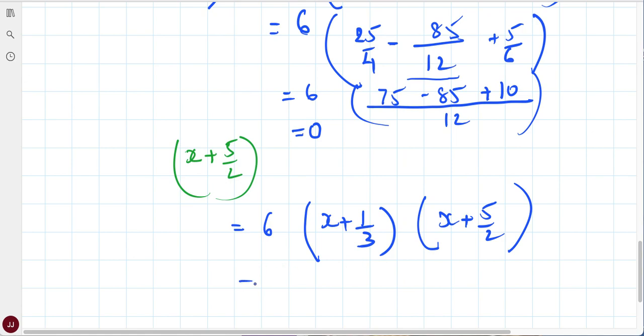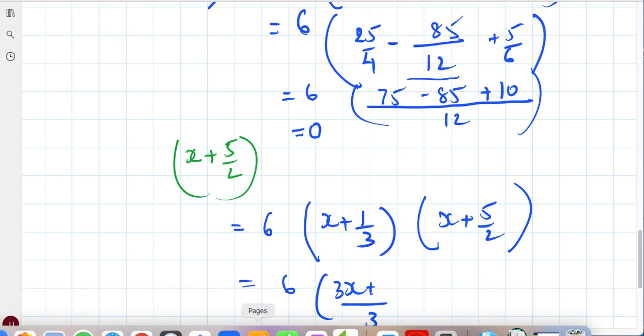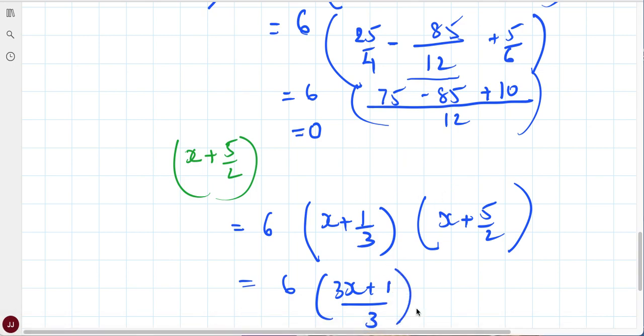Okay, so if you take the LCM here, okay, so 6 into 3x plus 1 by 3, and here it becomes 2x plus 5 by 2.